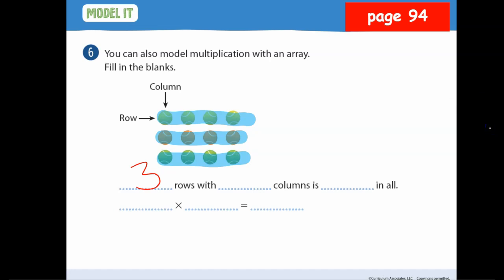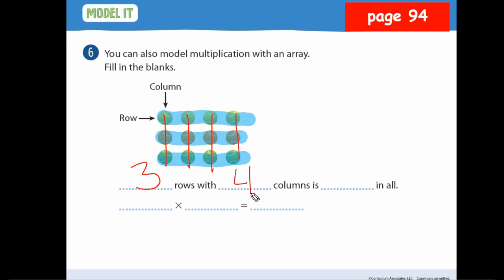How many rows with how many columns? Rami? No, not rows. I want columns going up and down. Allison? 4. 1, 2, 3, 4.